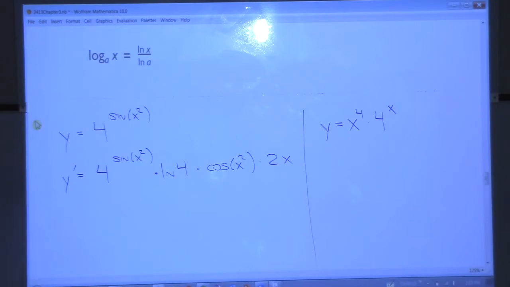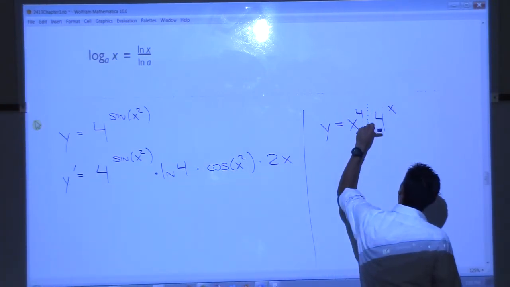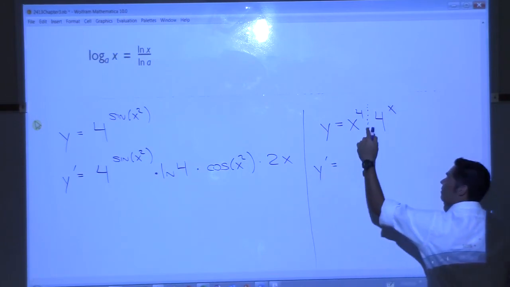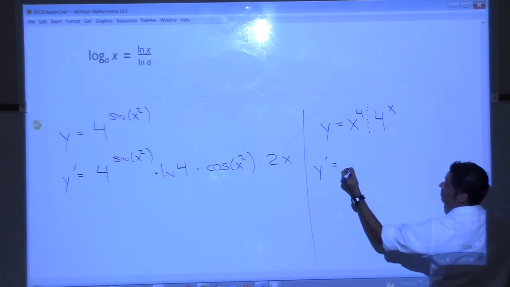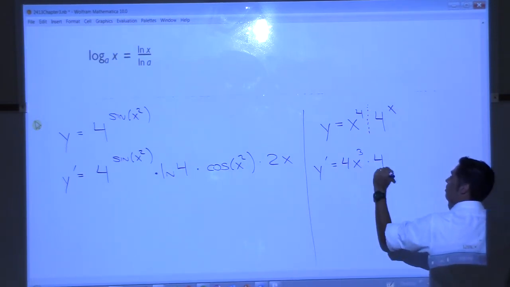Product rule first, right? You have a product rule right there. So the derivative will have to be the derivative of this one, which is 4x cubed times 4 to the x.